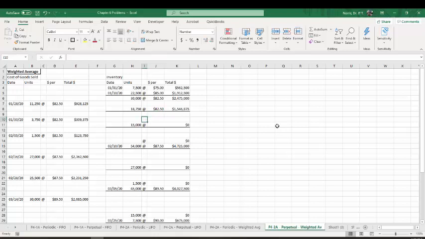And the next sale is on January the 30th. And that's going to be 3,750 units at an average cost, once again, of $82.50. And that leaves us with 15,000 units at an average cost of $82.50.